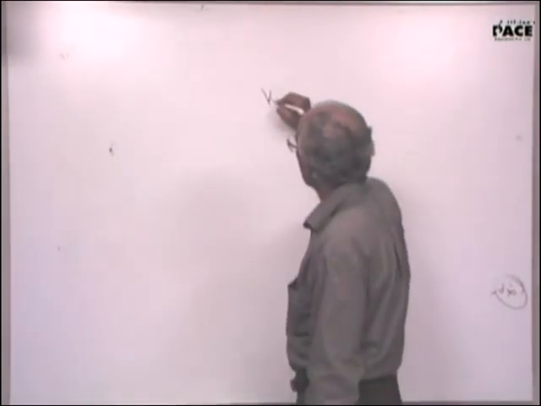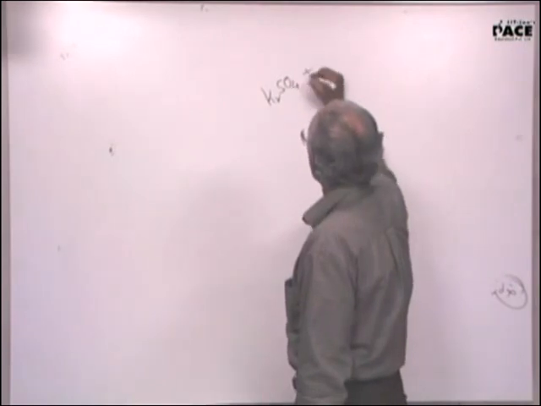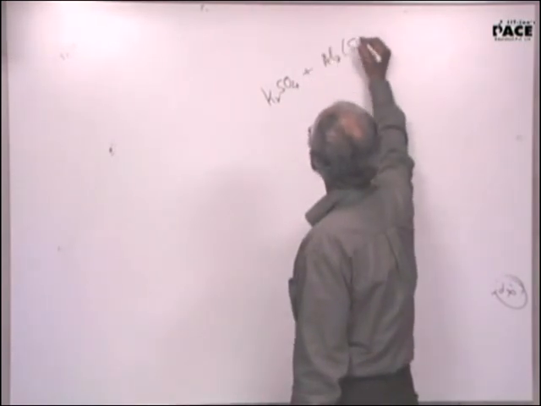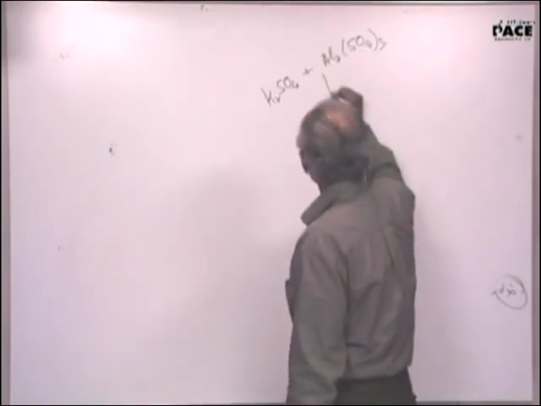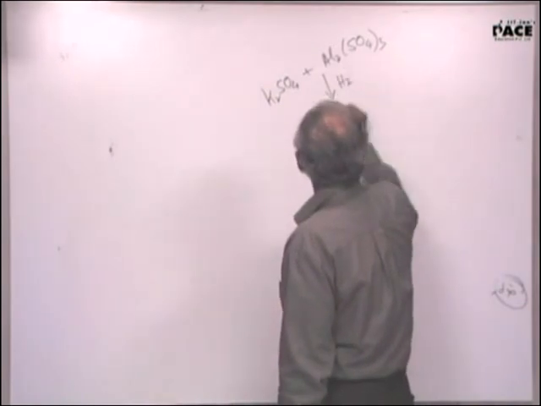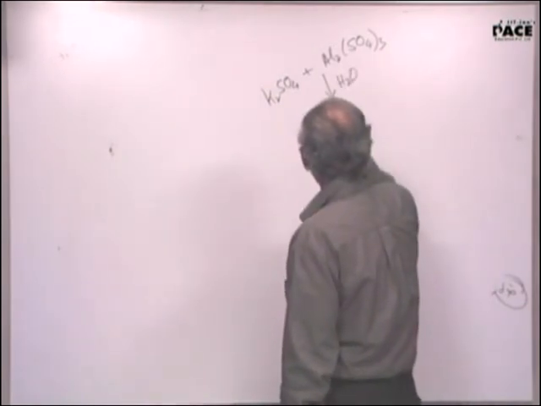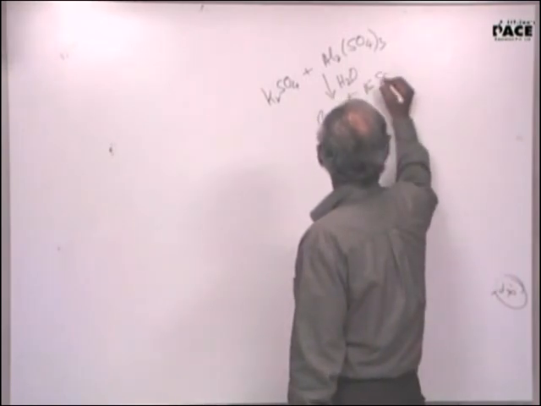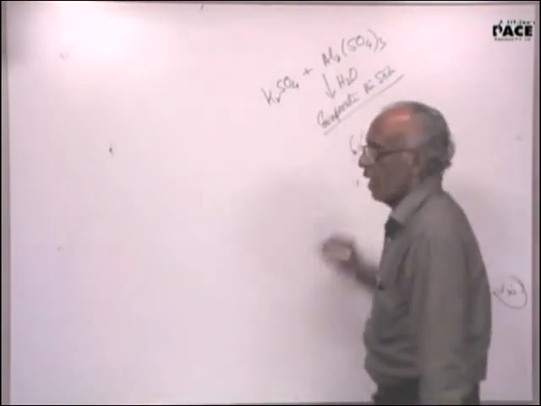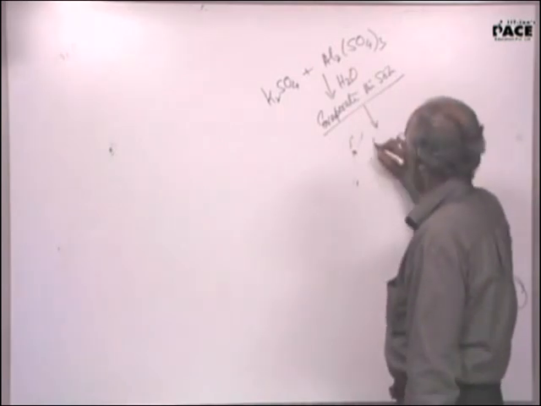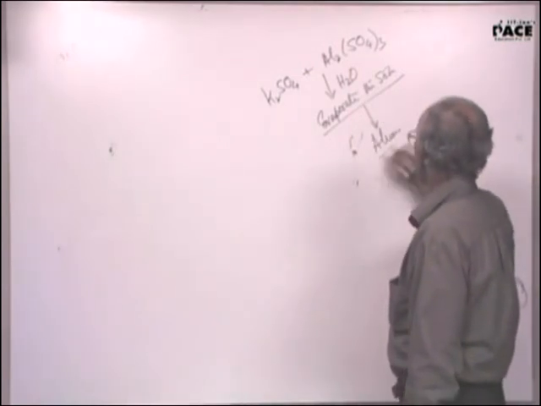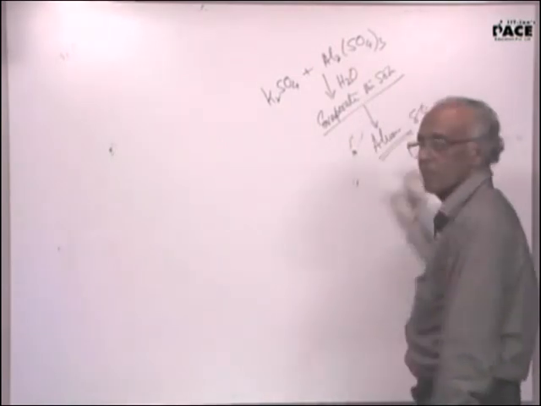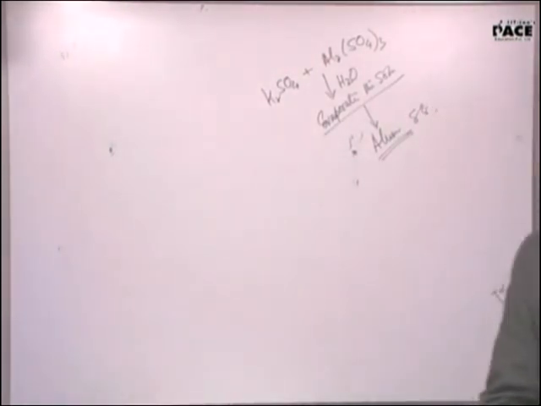Because when you prepare a double salt, you start with potassium sulfate and aluminium sulfate, dissolve them in water, and then evaporate the solution. And then you get this alum structure. Is it clear to you now?